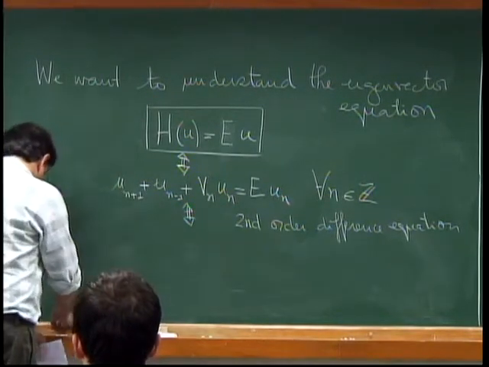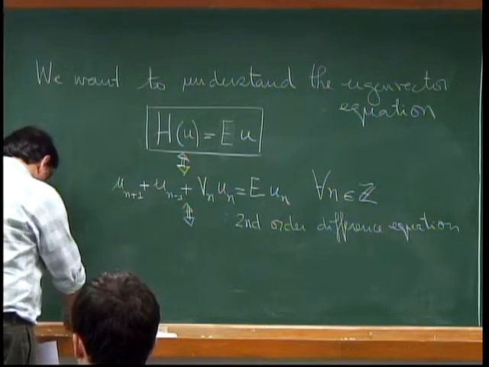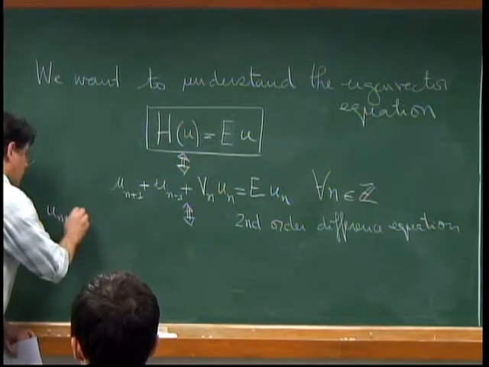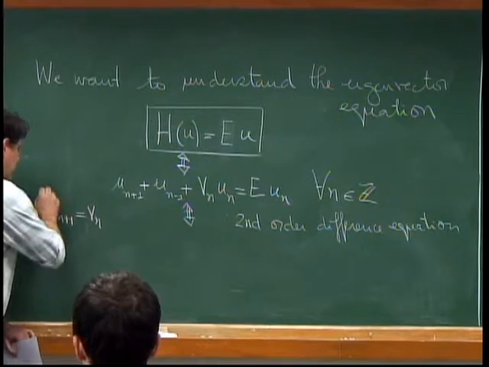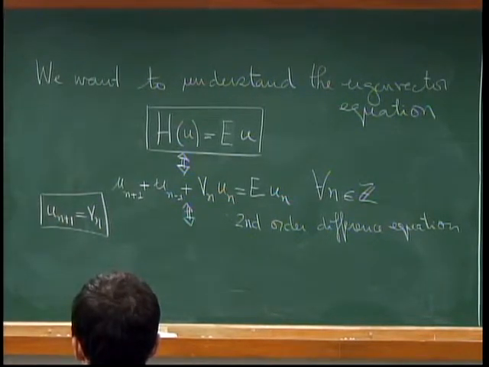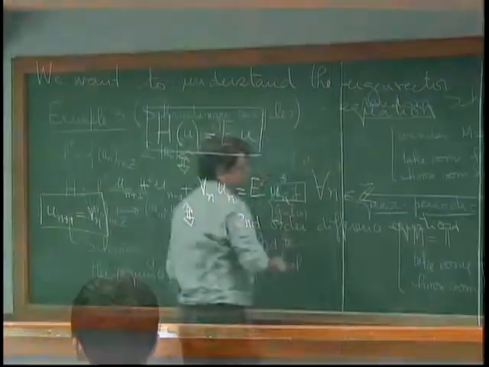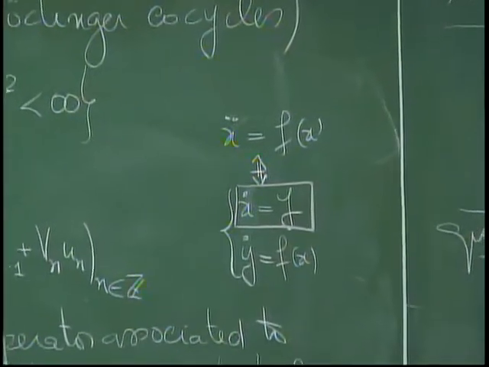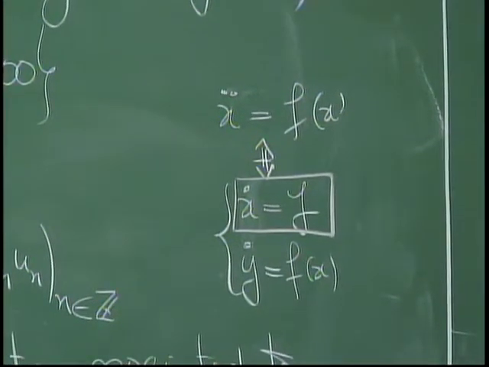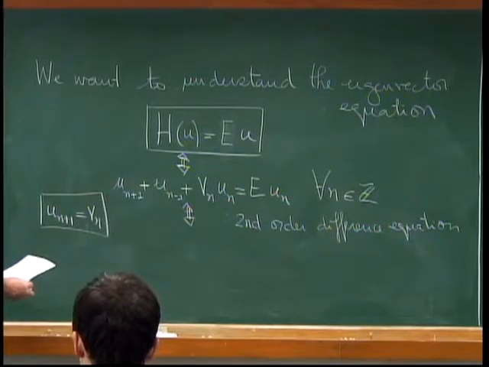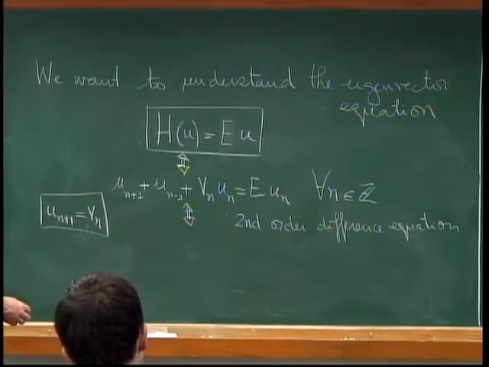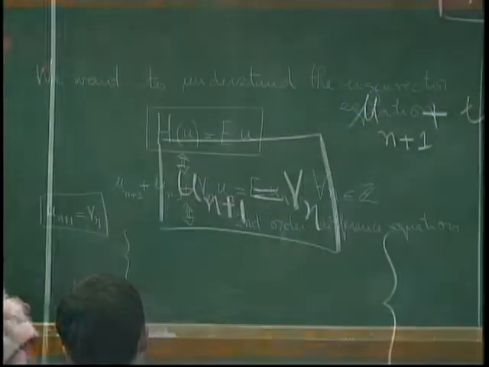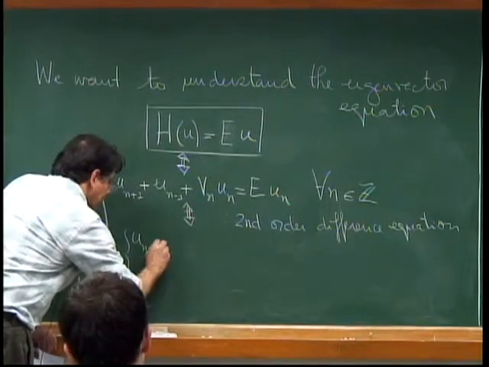You give a name to u(n+1). You call it v(n), just like here, x dot you call y. And when you do that, you get the following two relations. u(n+1) equals v(n).